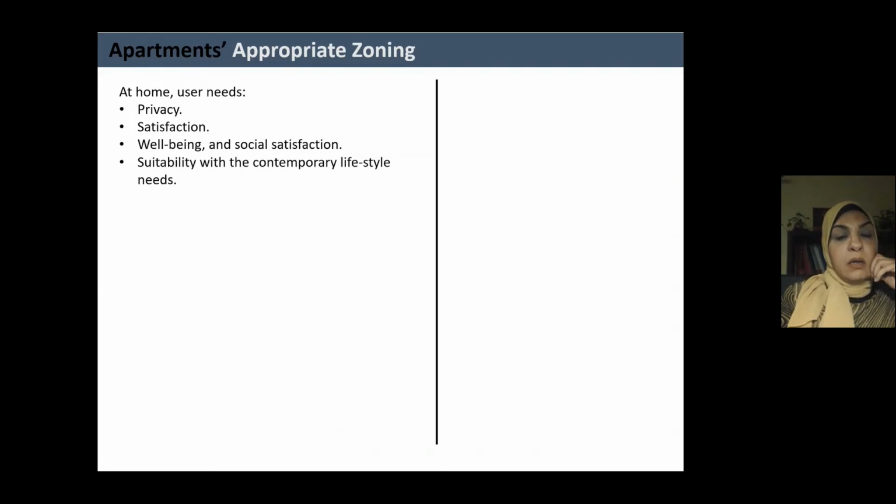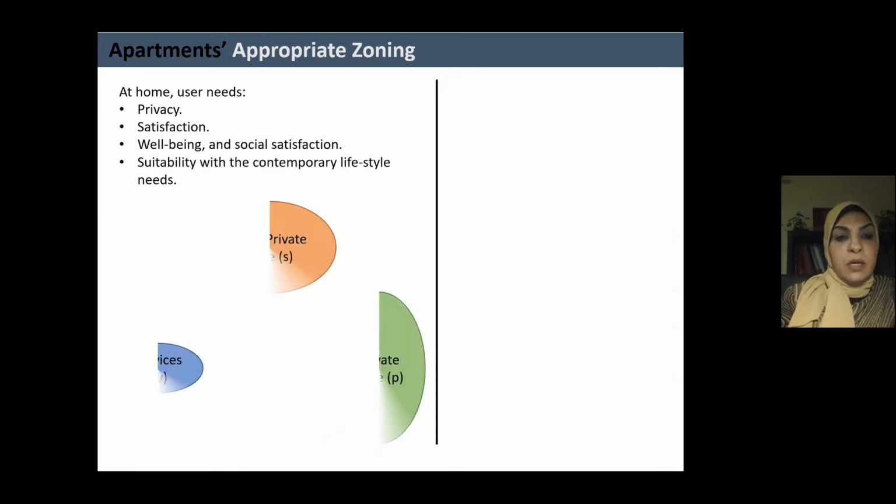Here, we are searching for an appropriate zoning to provide privacy, a sense of well-being and social satisfaction for the residents, and this zoning design must be suitable for the contemporary lifestyle of Egyptians.